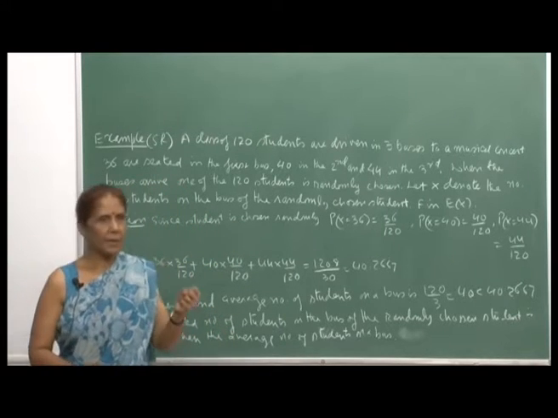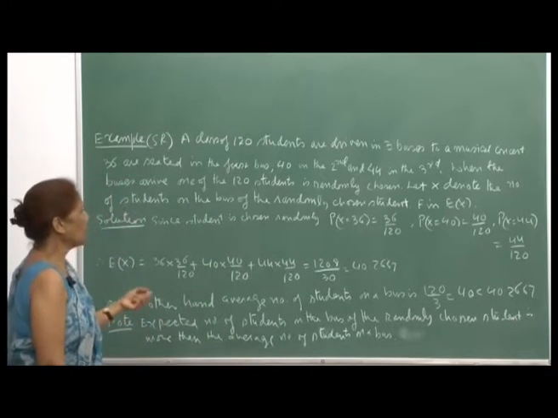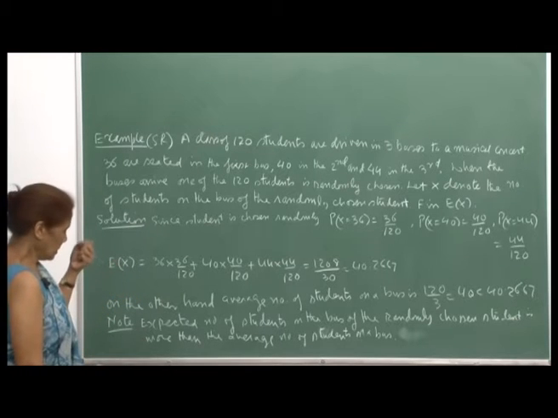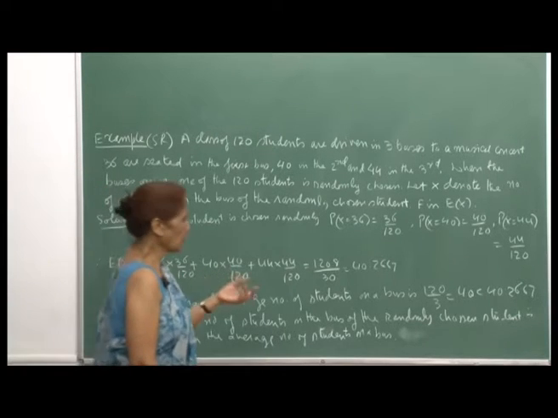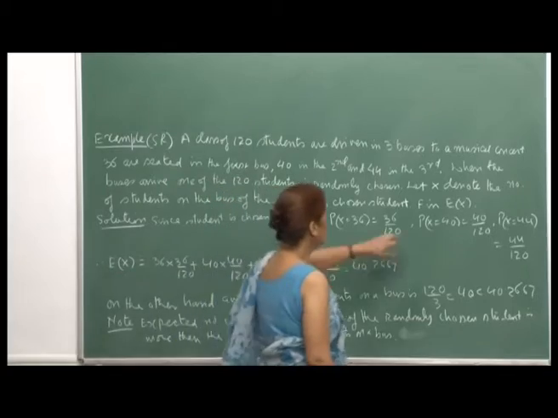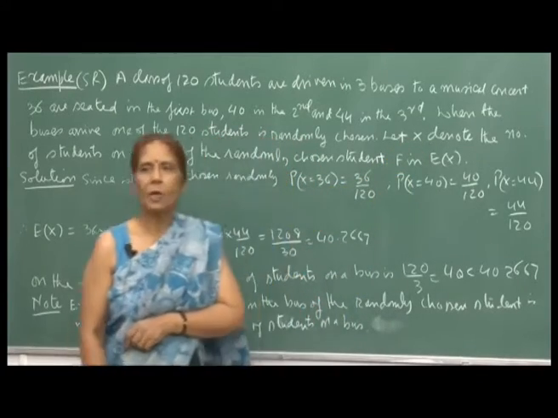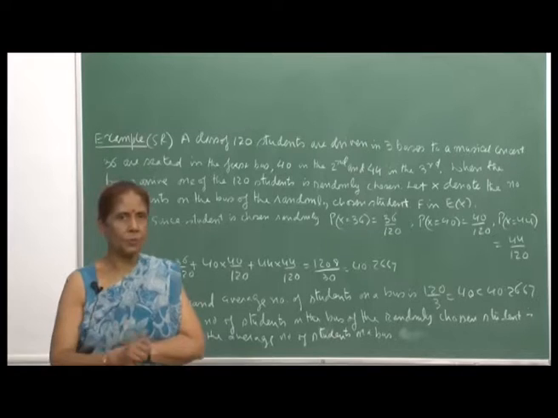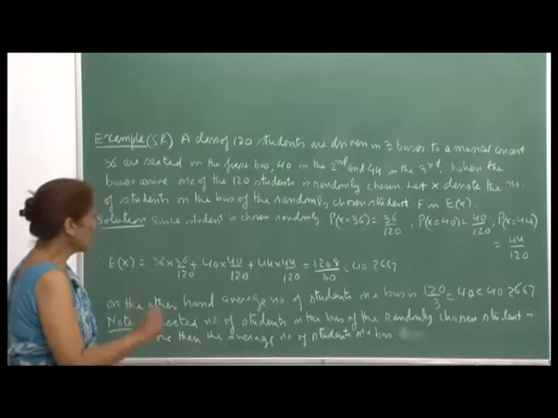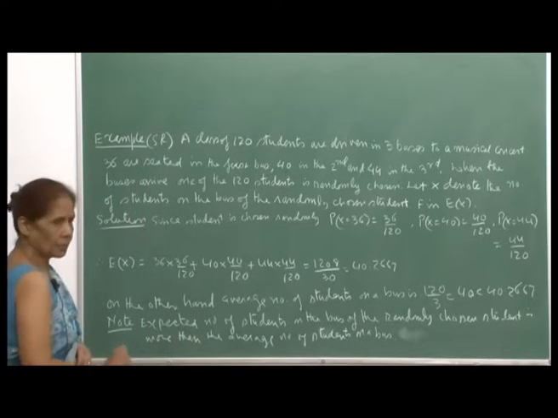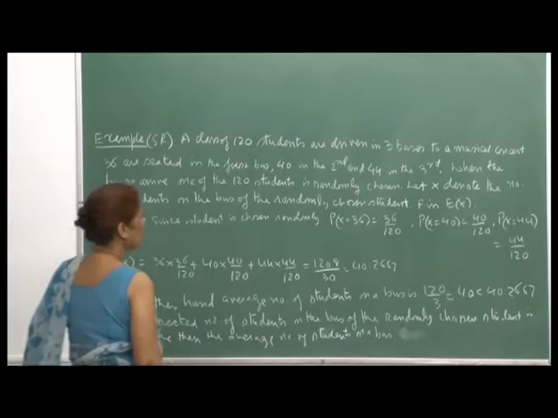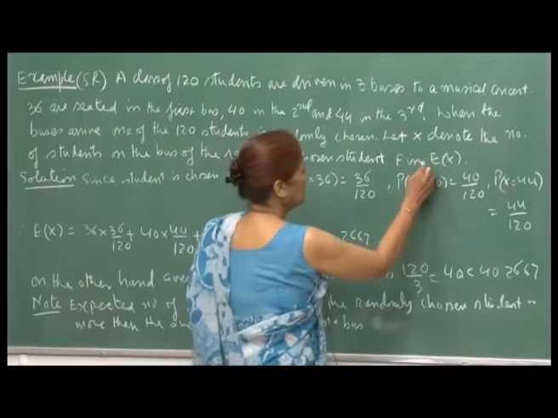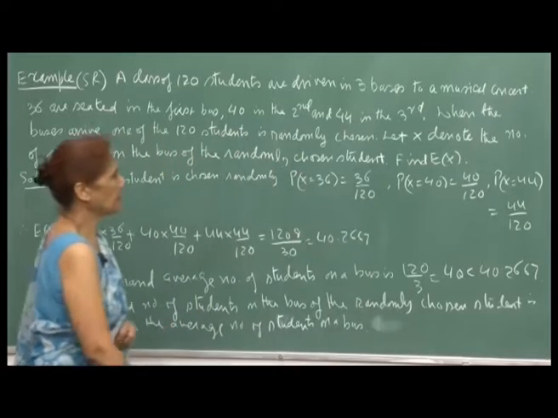So, we picked up one student randomly, and that is a random process. I have chosen one of the students out of 120, then x is the random variable which denotes the number of students on the bus on which this randomly chosen student was sitting. So, you have to find E x.